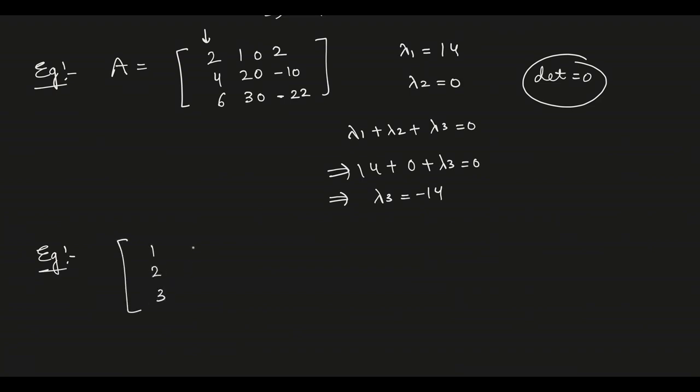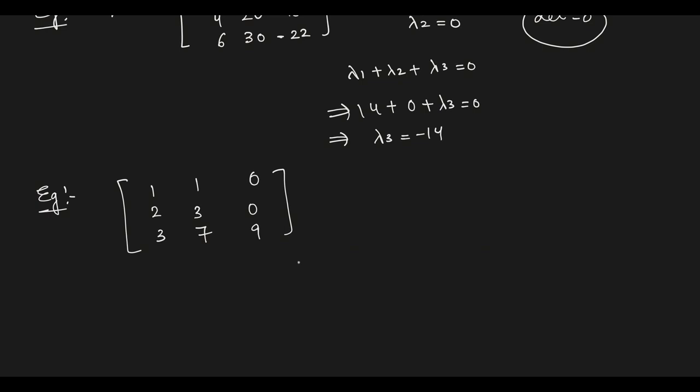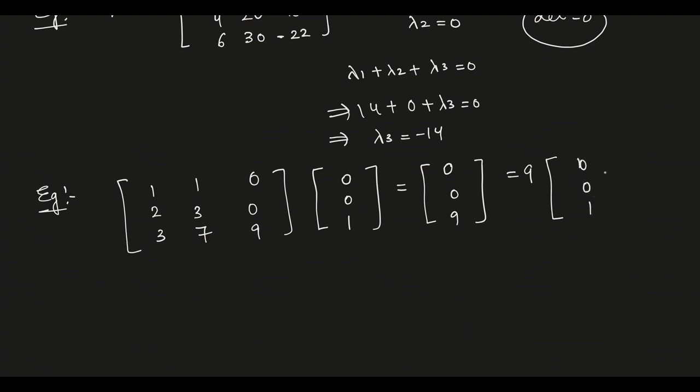1 2 3, 1 3 7, 0 0 9. Try this. This is a different concept. Here you can see that if I multiply this by 0 0 1, then I will get 0 0 9, which is 9 times 0 0 1.